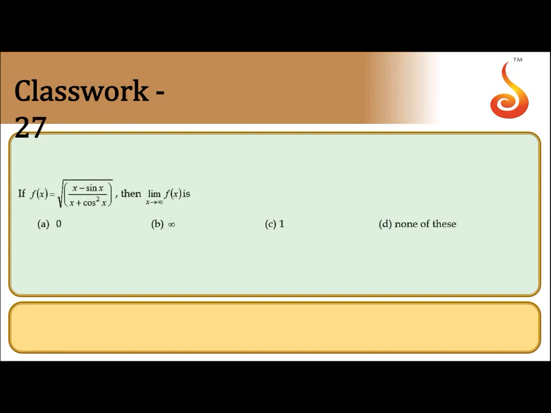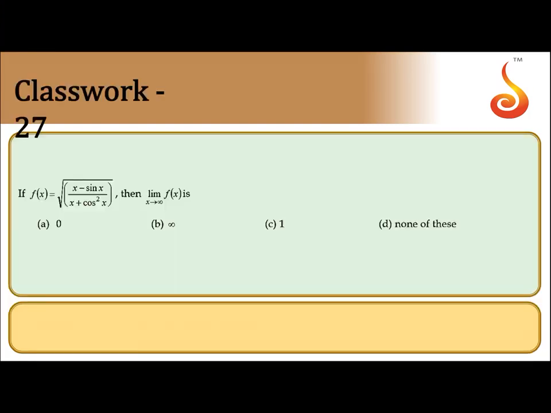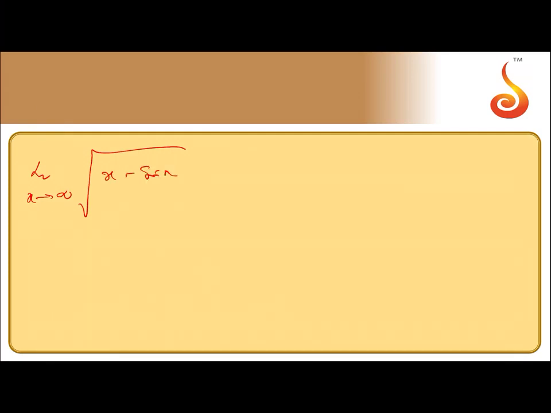Coming to the 27th one. f of x is equal to x minus sine x divided by x plus cos square x.